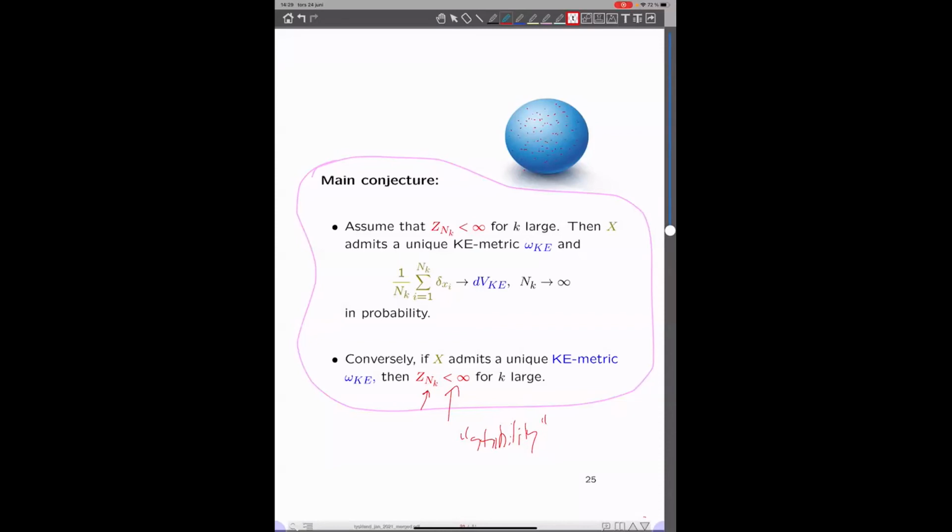Moreover, this equidistribution result I had before will still hold, so I will be able to reproduce the volume form of the Kähler-Einstein metric. Conversely, if X admits a unique Kähler-Einstein metric, then the conjecture is that the normalizing constant is finite for k sufficiently large, and hence we can reconstruct the metric. So I think of this finiteness of the normalizing constant as a new type of stability condition compared to the Yau-Tian-Donaldson conjecture.